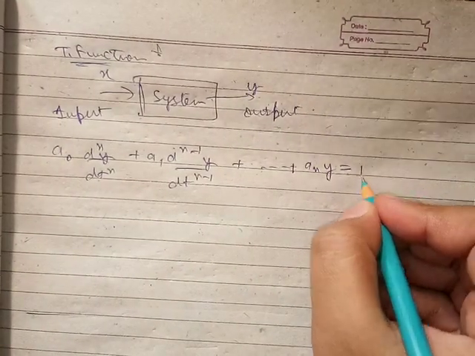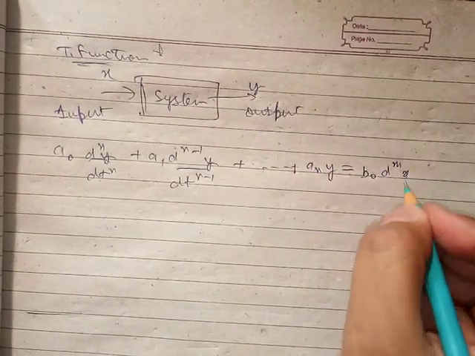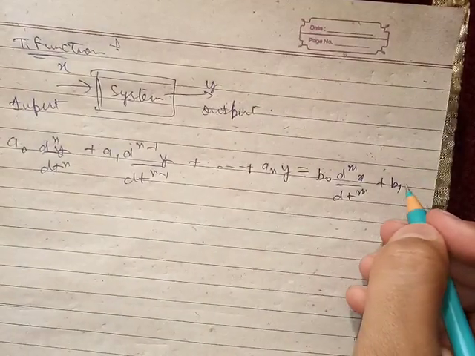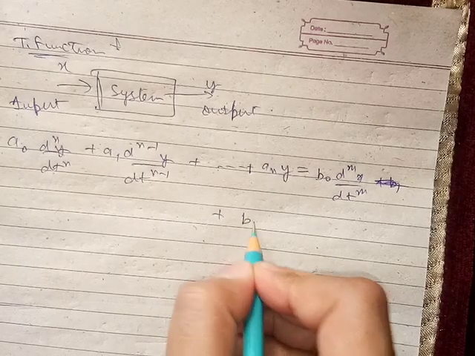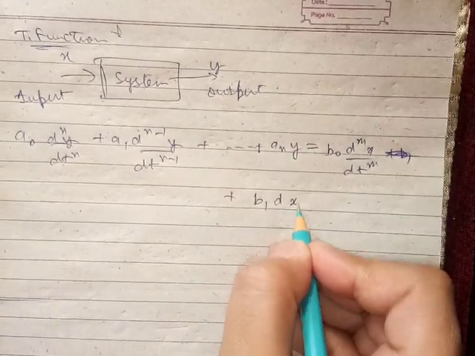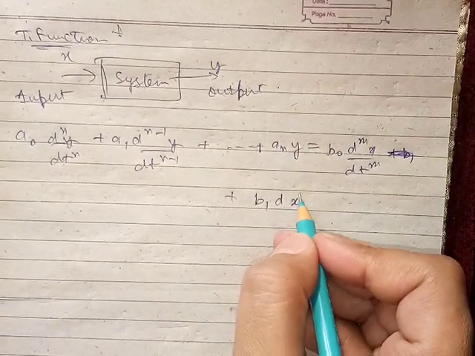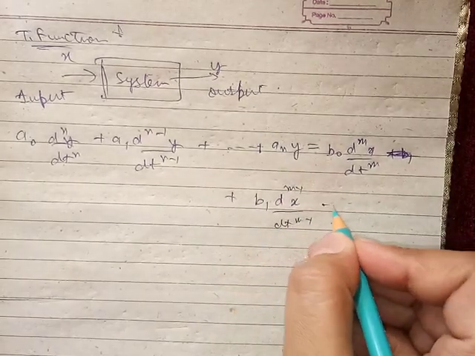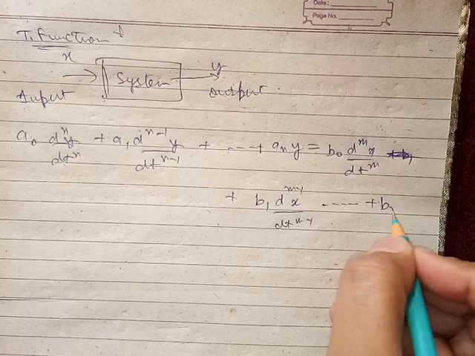equals b naught d^m x by dt^m plus b1 d^(m-1) x by dt^(m-1). This goes on till plus b m x.